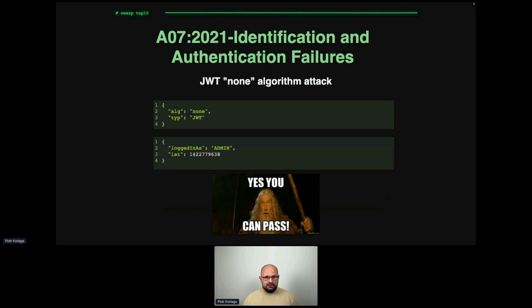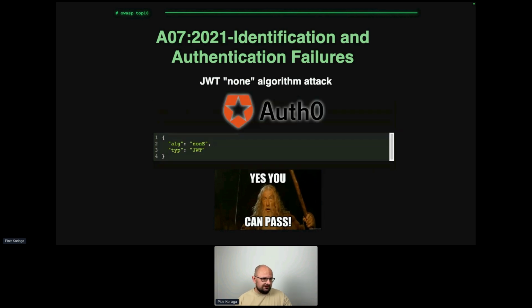So it was really an issue. But of course, now if you use a library that handles JWT for you, you shouldn't have that problem, unless you work at Auth0. Because they also prevented that attack, but they forgot that someone can change the letters, and that small letters change was an issue a long time ago.